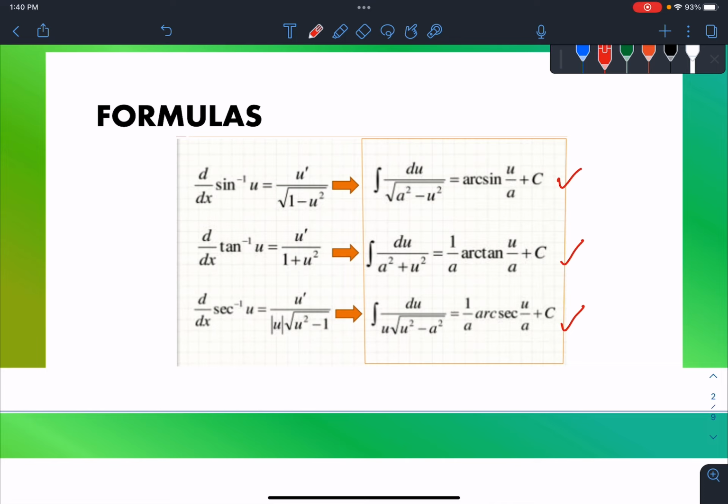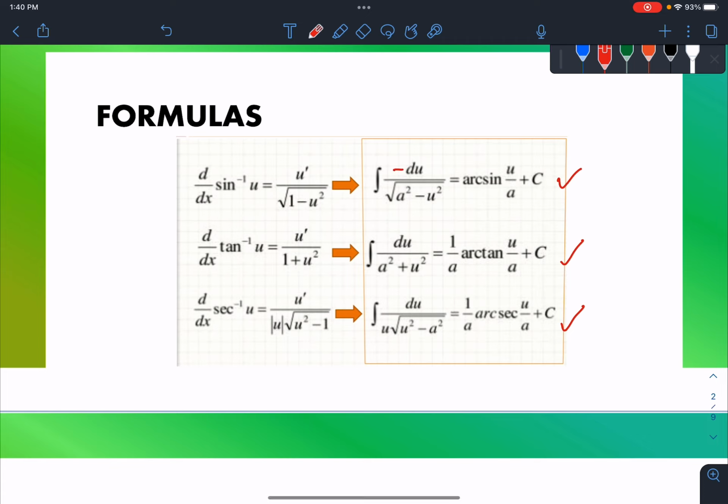By the way, our formulas are just limited to 3 formulas, which exclude the arc cosine, arc cotangent, and arc cosecant, wherein the only difference is that it's negative.